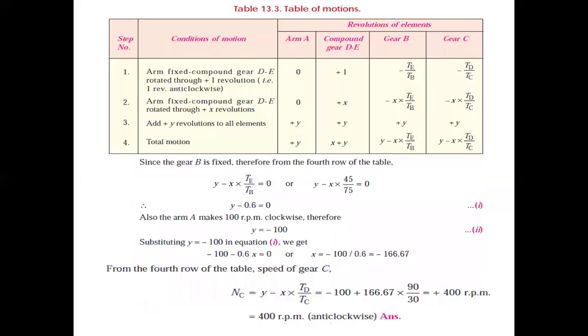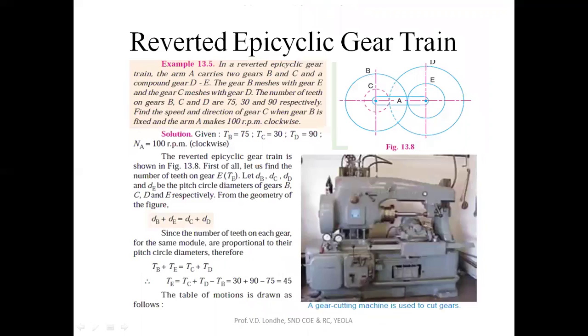So when the arm is fixed and the compound gear wheel DE is revolved through +1 rotation, arm A is fixed, and +1 rotation is given to DE. Now gear B is in meshing with gear E. If you see in the diagram, to find the speed of wheel B, if gear DE has clockwise rotation, meaning D has plus rotation, then E will also have plus rotation.